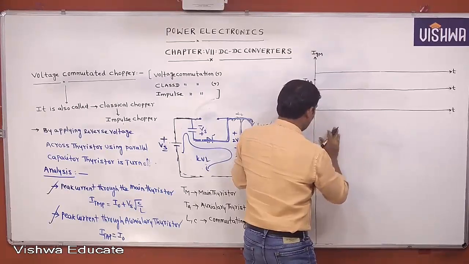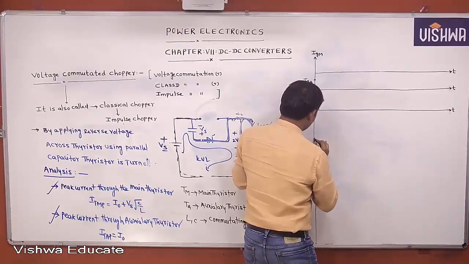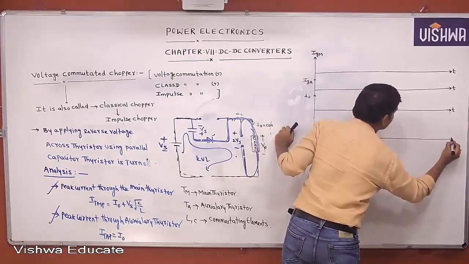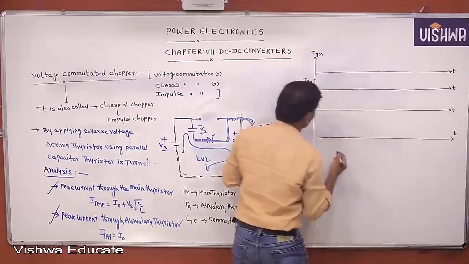Okay, and this is the IC waveform, the current through the capacitor.